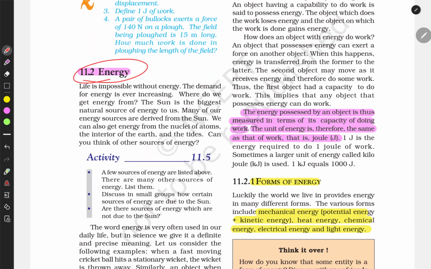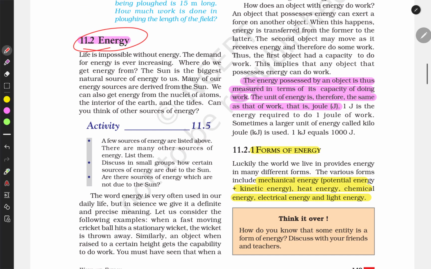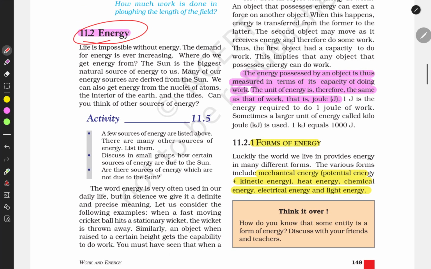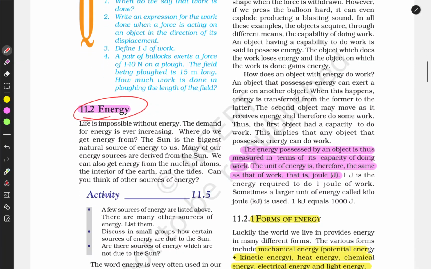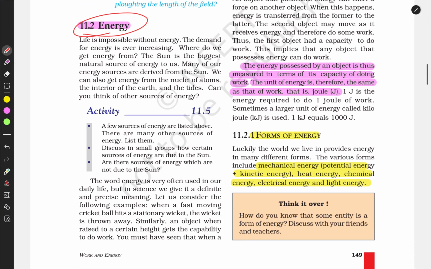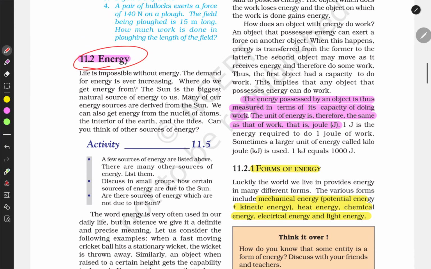What is energy? Like work, we use energy in many ways, but scientifically we have a different meaning of energy. Life is impossible without energy.